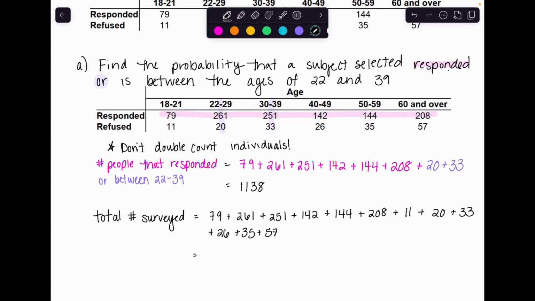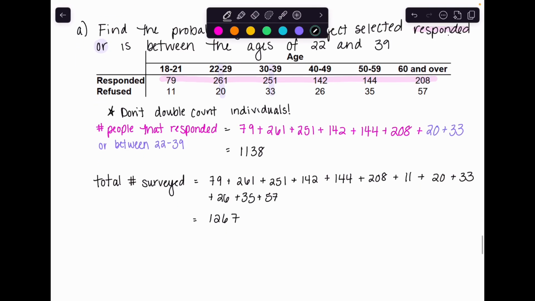If we add all of those together, there were 1,267 people that were surveyed. The other thing you could actually do, you've already added these together and got that it was 1,138. From there, just add 11, 26, 35, and 57. And that will reach you to the same total.